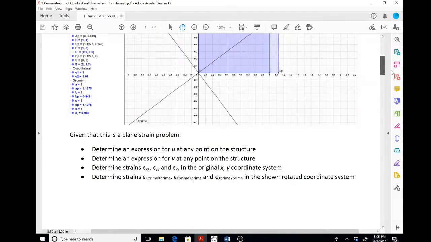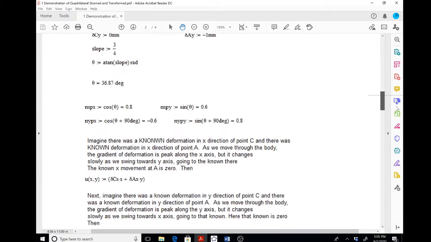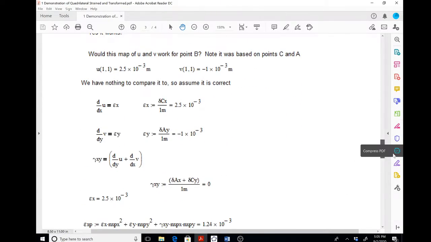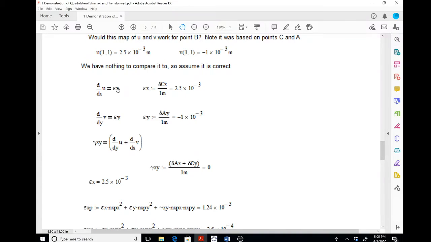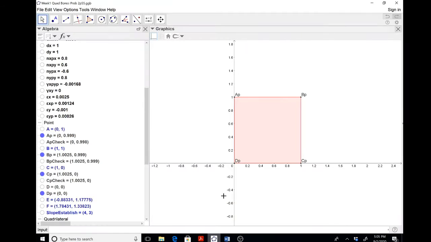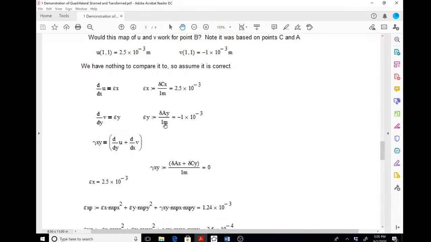The next thing that I need is the actual strains. So the strain in the x direction is the movement of point C in the x direction divided by the original length in the x direction, and the strain in the y direction is the movement of point A in the y direction divided by the original length in the y direction.